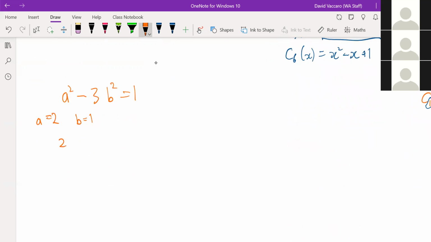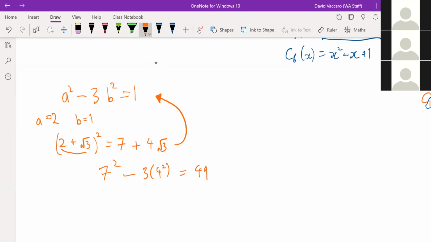Using a similar logic as before, 2 plus root 3 becomes my seed. And then if I square it, I'll get a bigger solution, and that becomes 7 plus 4 root 3, and that should give me a solution of this new Pell type equation. And so I get 7 squared minus 3 times 4 squared.